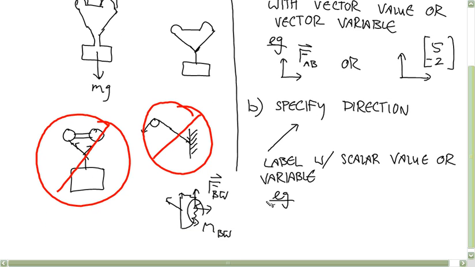For example, an arrow with a scalar T. That comes up a lot because you know the direction of a force applied by a cable.